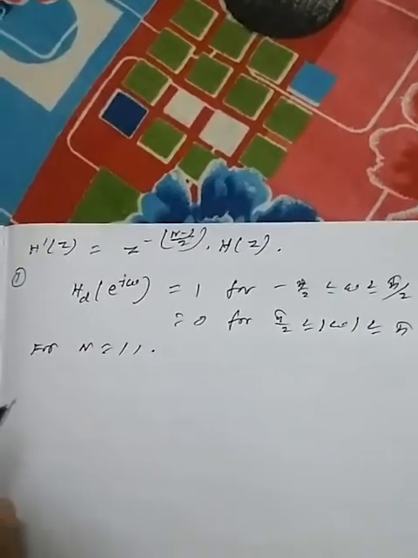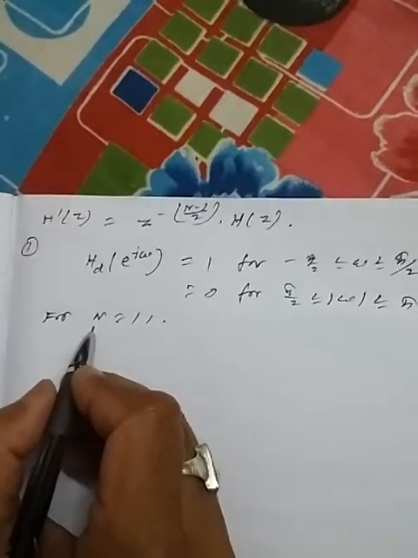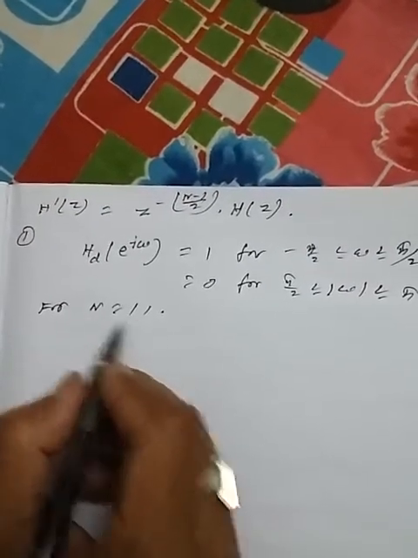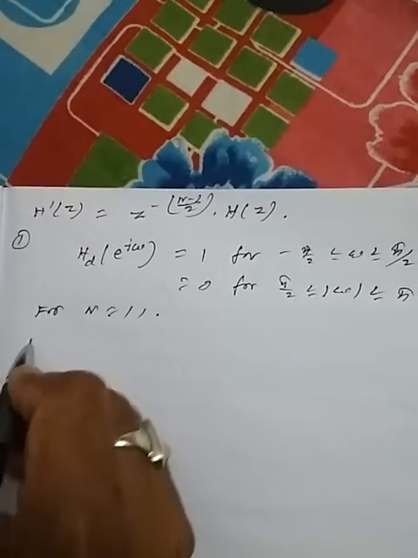So we have to truncate the desired impulse response to N equal to 11 points, right?